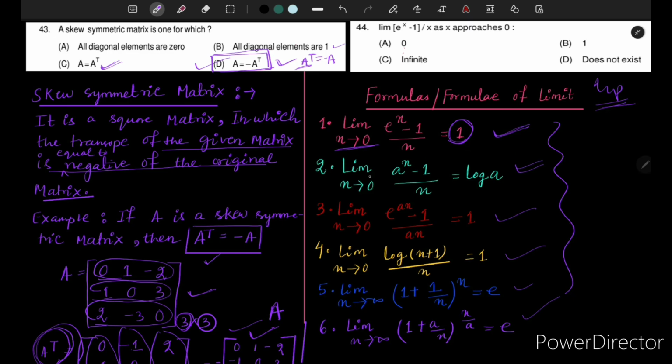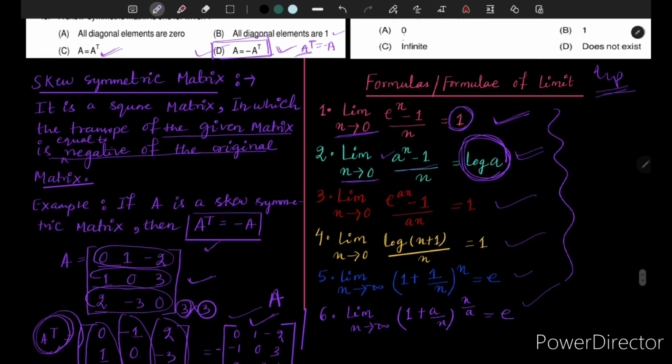The second formula is limit a to the power x minus 1 divided by x, where x approaches 0, then the value will be log a. The third formula is limit e to the power ax minus 1 divided by ax, as x approaches 0, then the value will be 1. Next is limit log of 1 plus x divided by x, where x approaches 0, the value will be 1.